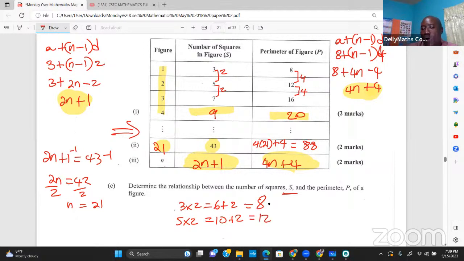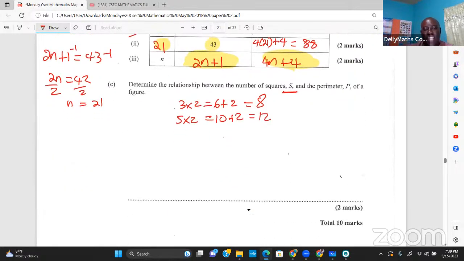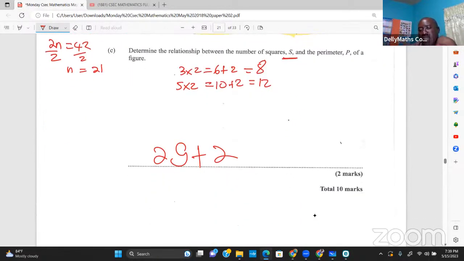So you're saying, oh, if I double this and add 2, I get these. And that is the relationship between S and P. So the relationship is 2 times S plus 2. And we're done. You collect your marks, you get 10 easy marks.